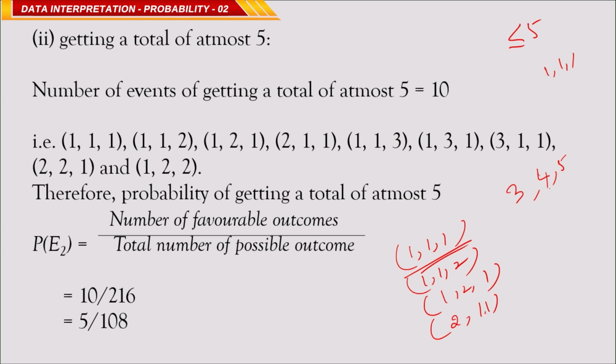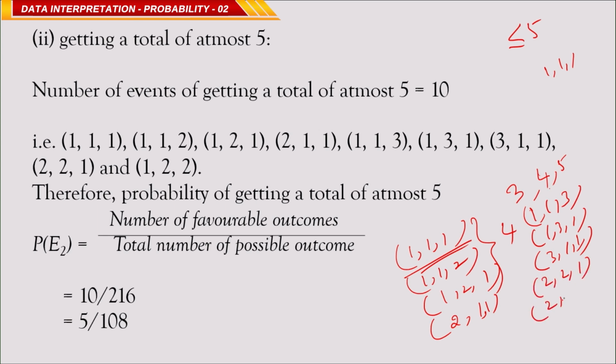And for 5, we already know these: 1 1 3, 1 3 1, 3 1 1, 2 2 1, 2 1 2, 1 2 2.